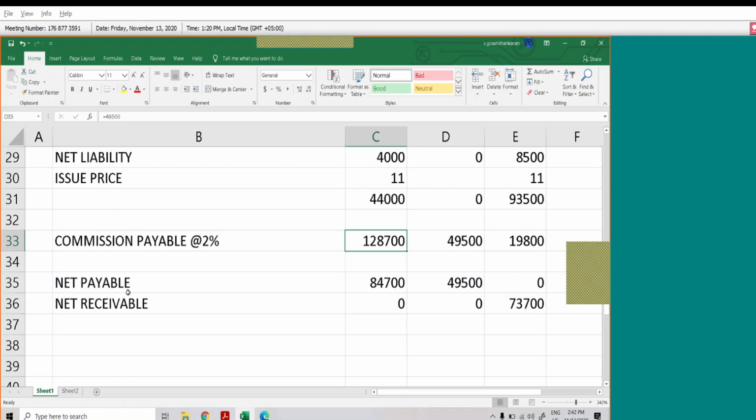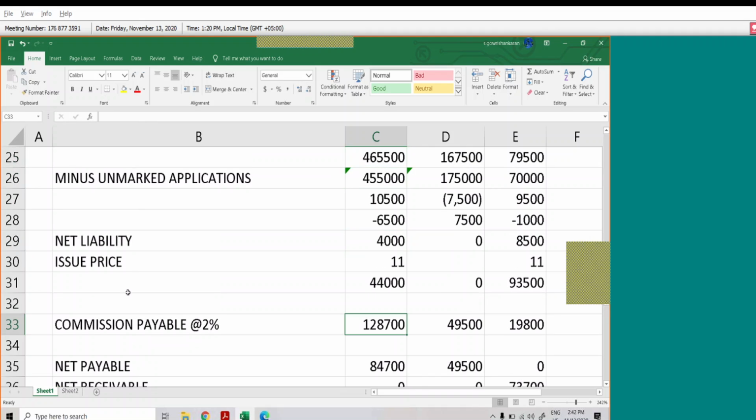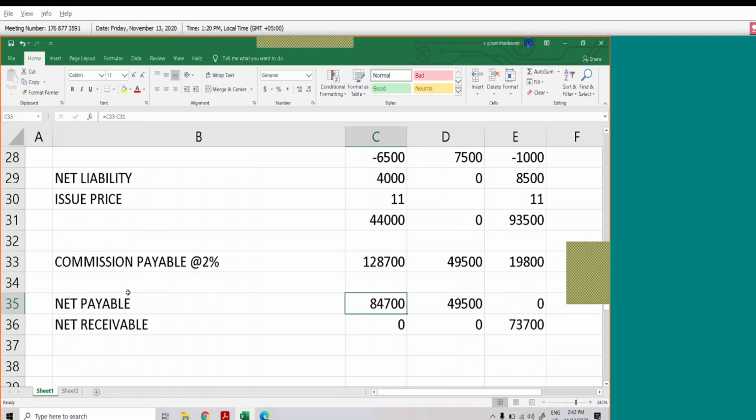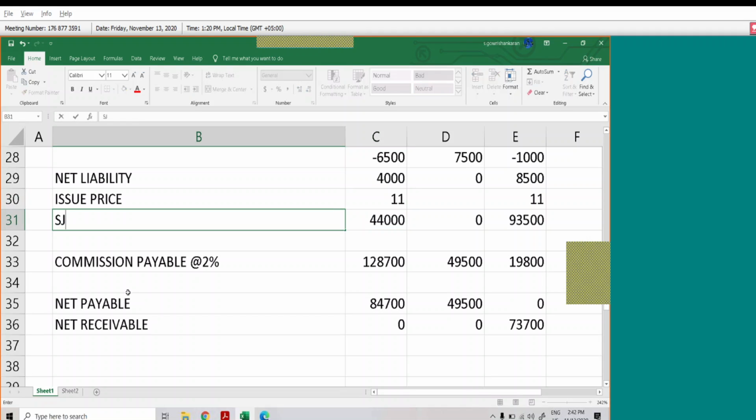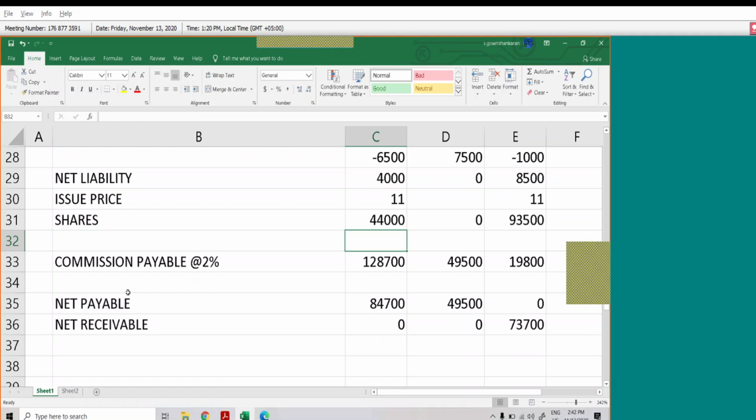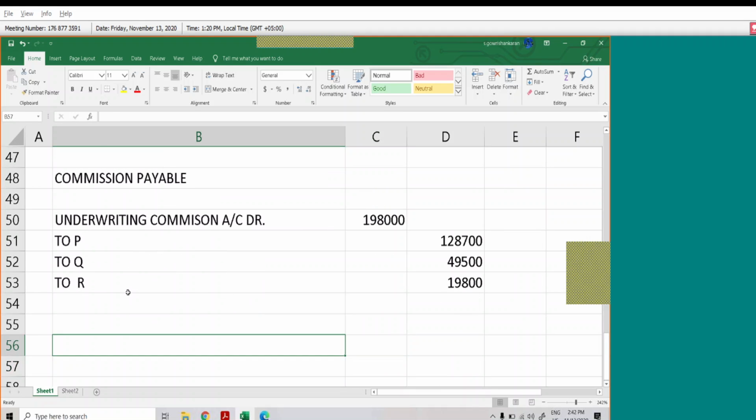For these two fellows, after adjusting the shares portion, we have to pay this much: 84,700 and 49,500. Here we have to receive this much. So I will pass the entry for that also.